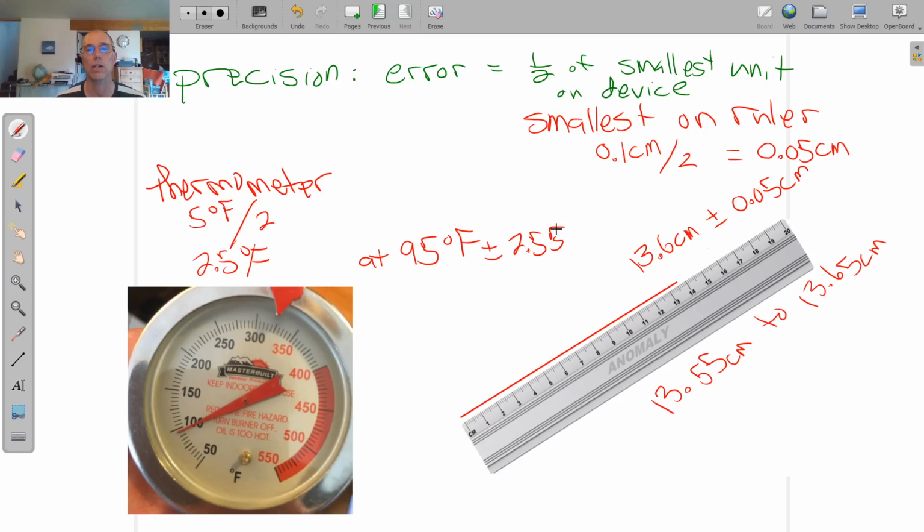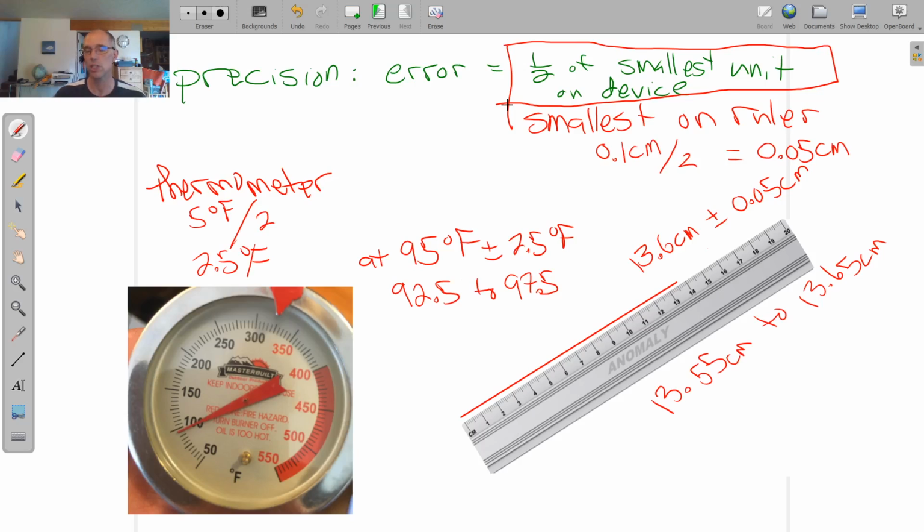So the actual measurement is somewhere between, subtracting the 2.5, 92.5, up to adding the 2.5, 97.5 degrees Fahrenheit. So this is the rule of thumb for precision on a measuring instrument.